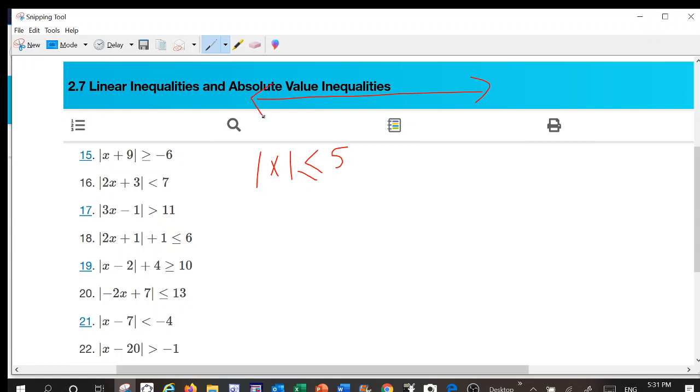So that means I'm looking for numbers whose distance from 0 is either 5 units or less. So any number over here would work, right? Because all of those distances from 0 are less than 5. For example, 4.5, 3.9, 0 itself, negative 1, whatever number.